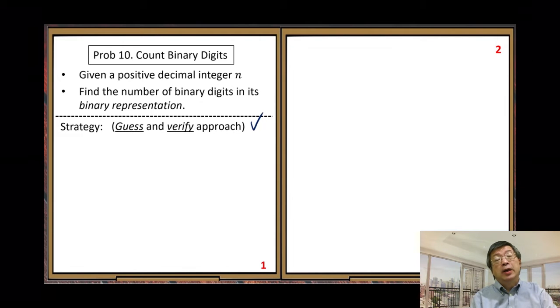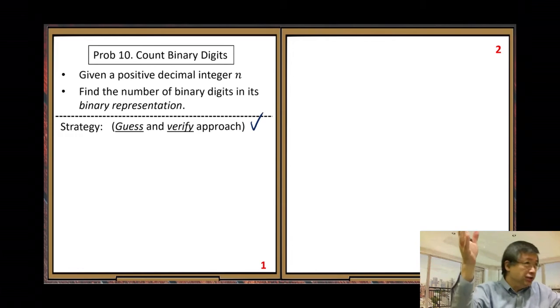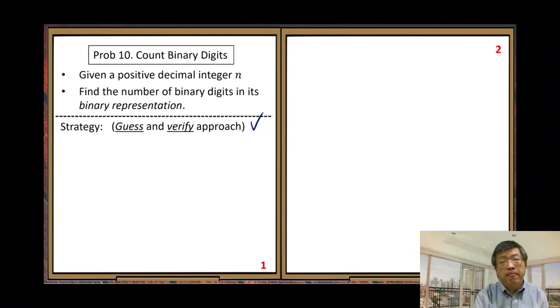Let me give you the general reason we use this strategy. When we solve some relatively hard problems, usually we do not know what the answer is, right? If you do not know the answer, you may not have a good direction to go. You do not know where to start, what tool to use, a lot of things unknown. So in that situation, in order to have some good direction, usually people guess.